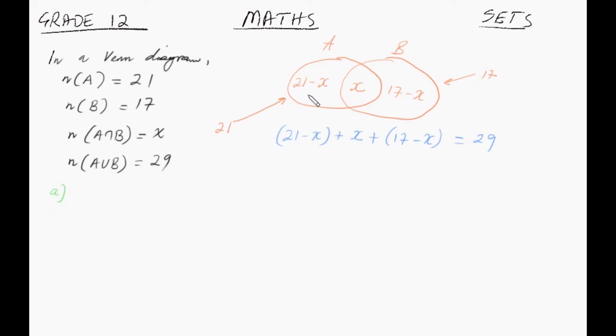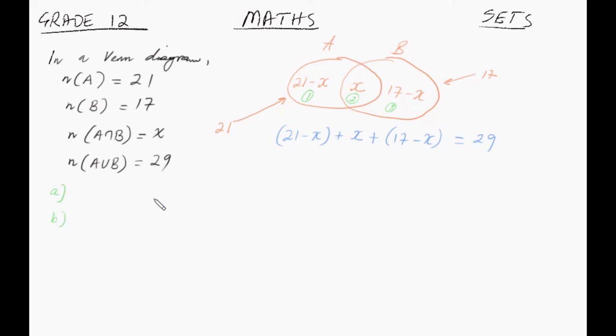This is part one, this is part two, and this is part three. The number of elements in part one is 21 minus x. In part two it is x. And in part three it is 17 minus x. When you answer this question, you would go to the diagram and write this, and this, and this.